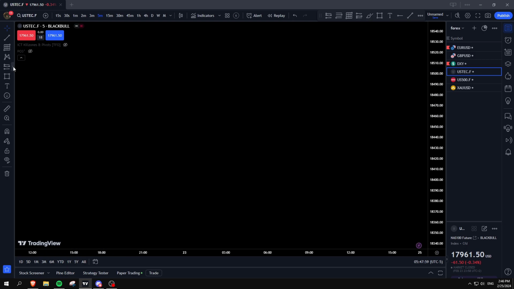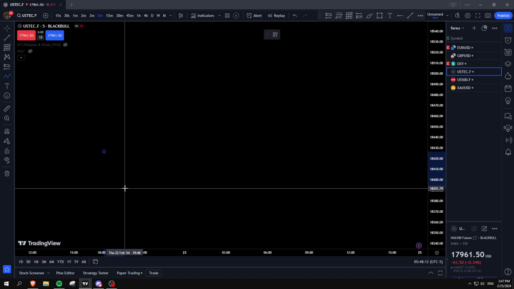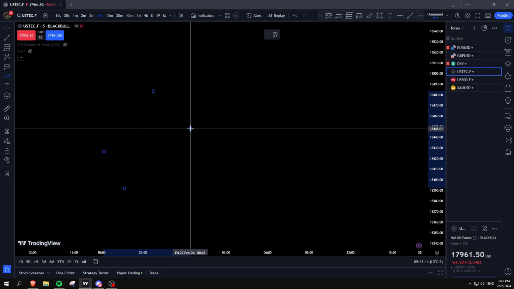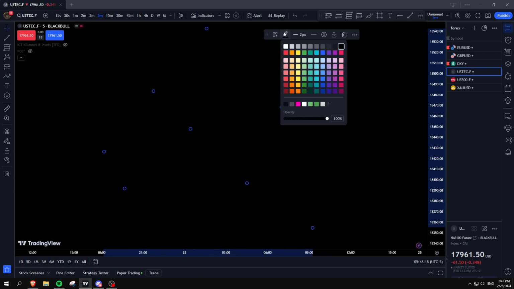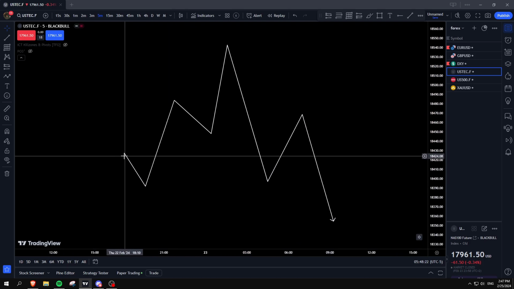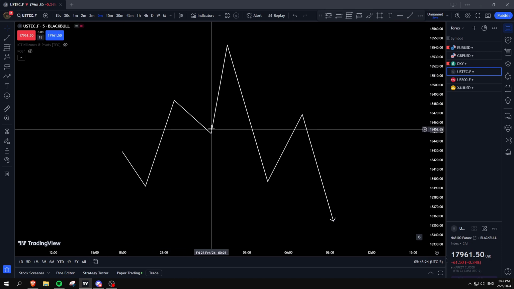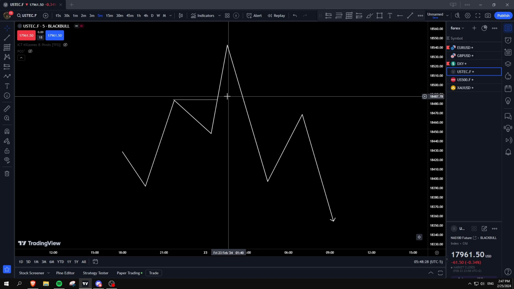Those two PD arrays are called the unicorn entry model. So where is this? Here, as you can see, price swept out buy side here, swept our buy side there.